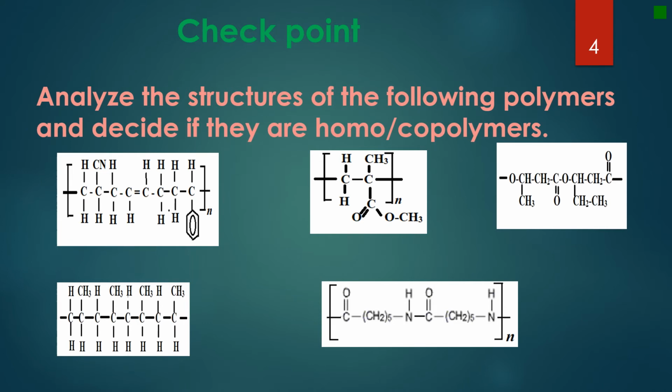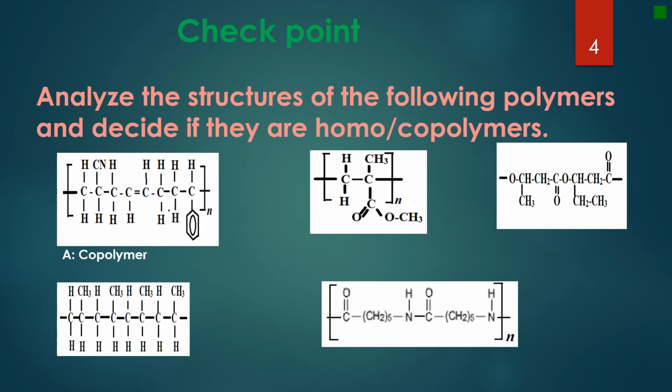Here we are given an activity to check our understanding, and we are asked to decide if the polymers given here are copolymers or homopolymers. Number one is a copolymer because we have three types of monomers: acrylonitrile, butadiene, and styrene.